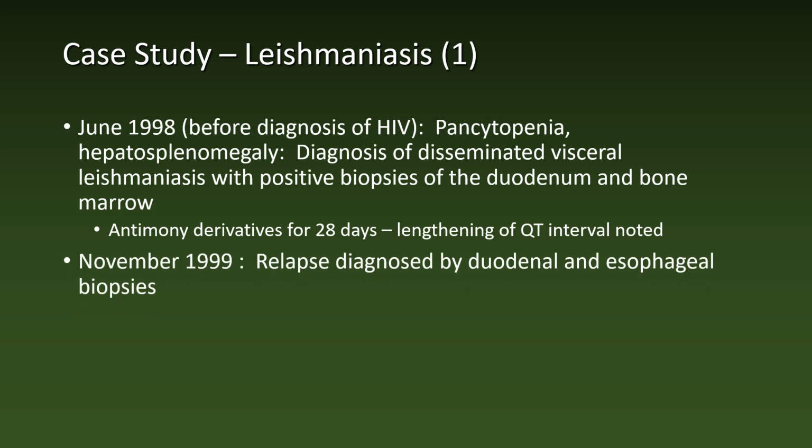In November 1999, he had a relapse diagnosed by duodenal and esophageal biopsies, and this time he was treated with amphotericin B for 28 days, complicated by hypokalemia. In July 2000, he had a second relapse diagnosed by bone marrow biopsy.